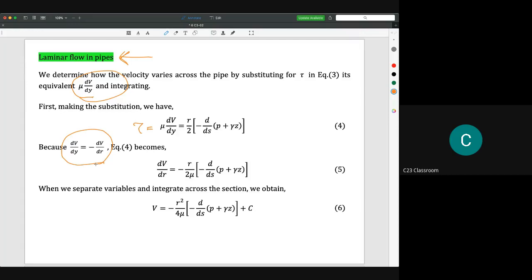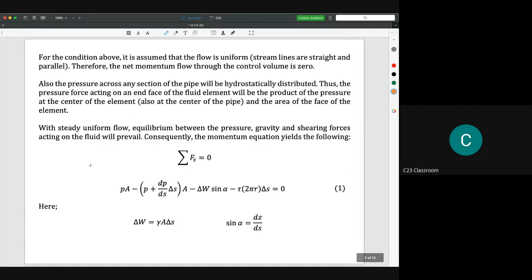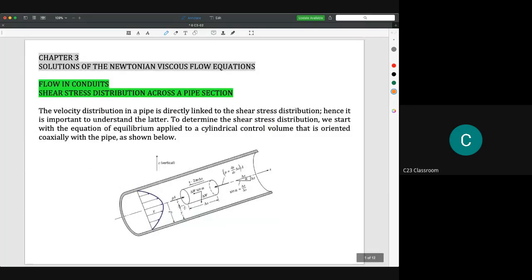So this relationship depends on our observation. If we see this image, this is the radius. Normally in Couette flow, we take the value of y equal to 0 at this bottom, and then the value of y will increase along this direction.